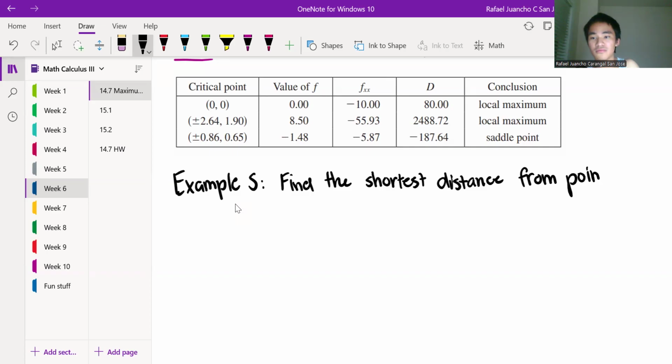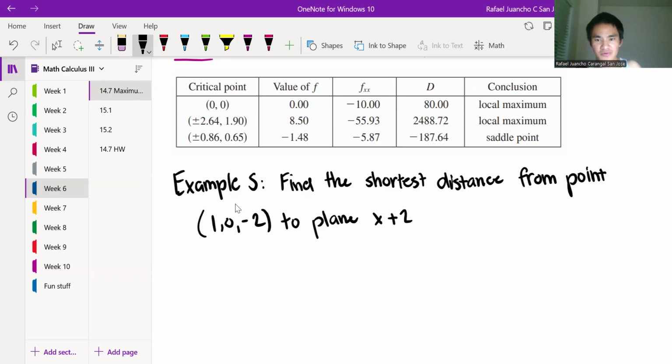From point. Is this the same problem as the Homer? Oh, it is. I think it might be the same problem. Oh, no, it's not. My bad. This is 1, 0, -2, all the way to some plane with this equation, right?